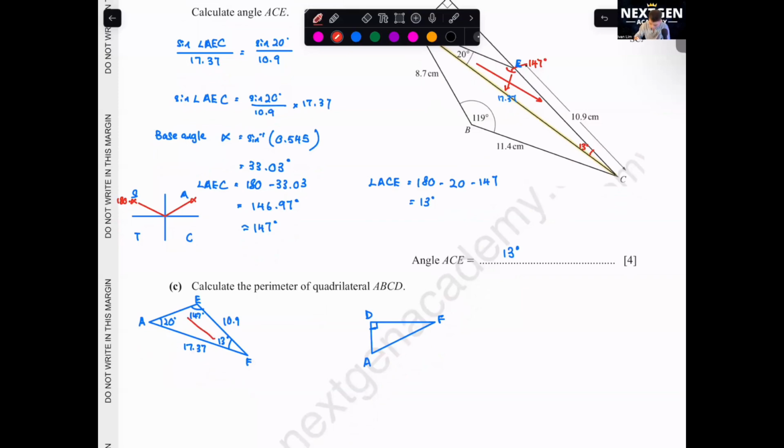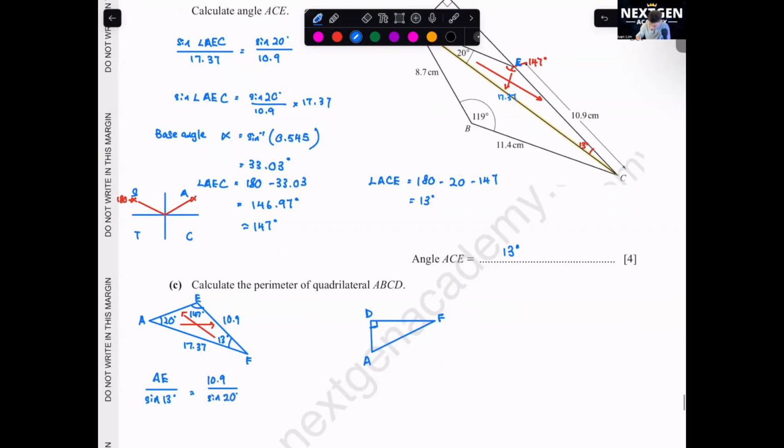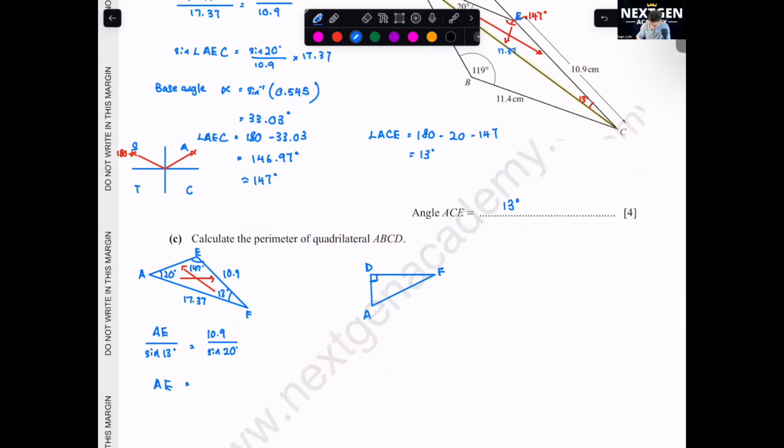This one we can use sine rule. We use here and here. So we find AE over sine 13 degrees equals to 10.9 over sine 20 degrees. AE, we bring up the value.